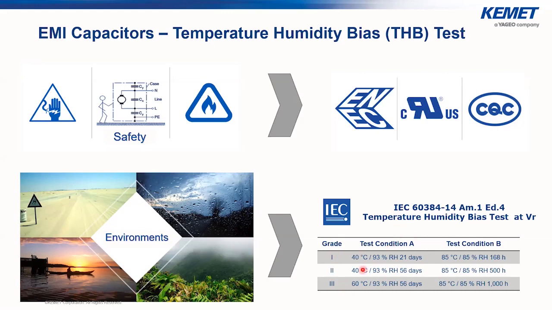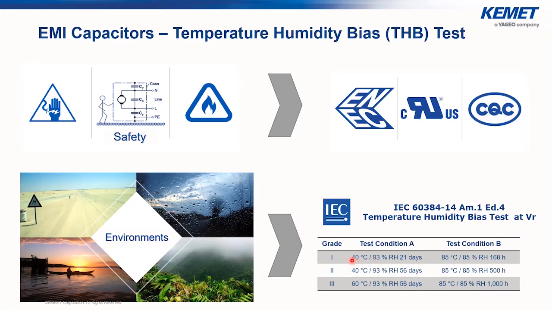So we have 3 grades and 2 conditions, A and B, which lead us to 6 configurations. The most stressful or harsh stress would be in the grade 3B, where we have to withstand 85 degrees, 85% of humidity for 1,000 hours at the rated voltage, and the capacitance must not have a drop of more than 10%.